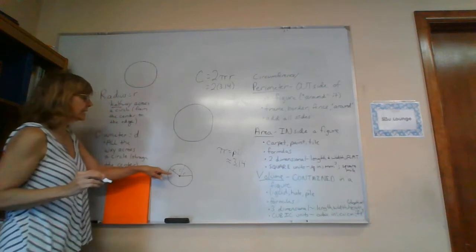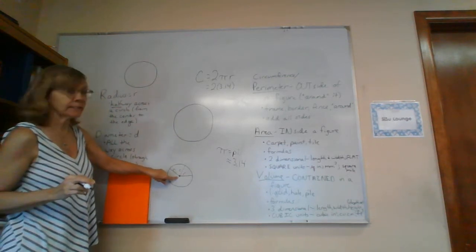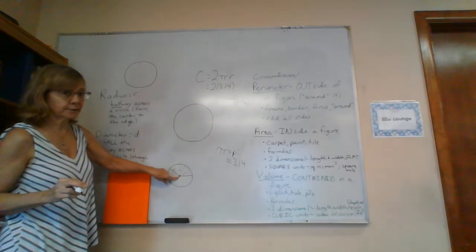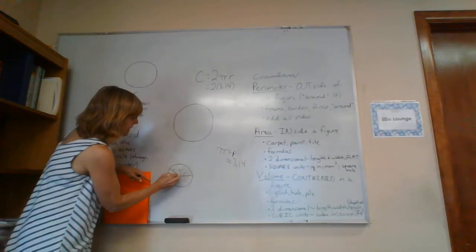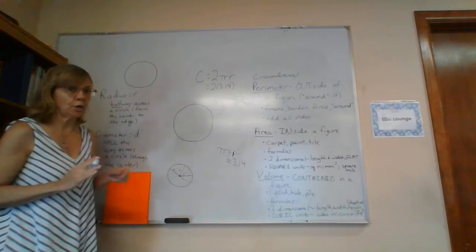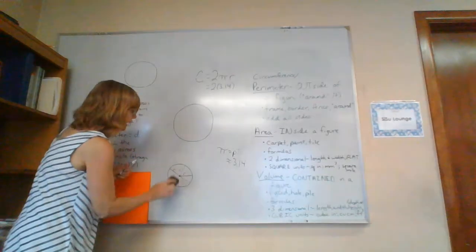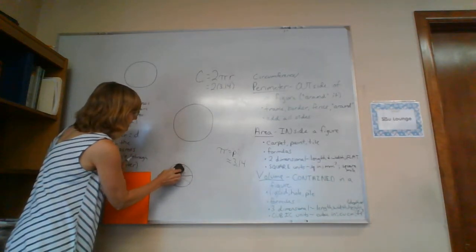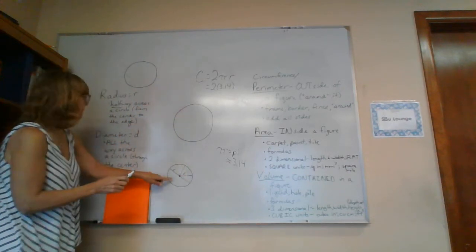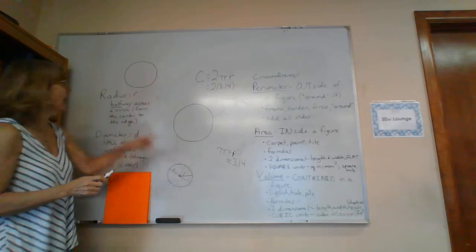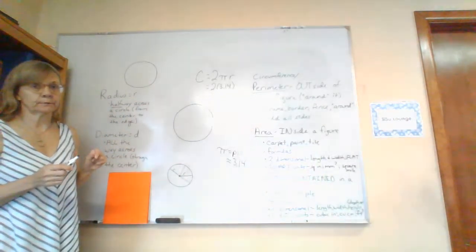A circle is a group of points that are equidistant from the center, meaning it's the exact same distance from here to here to here, all these places. Those are all radii, and they're all the same distance. So that's our radius, from the center to the edge, halfway across the circle.